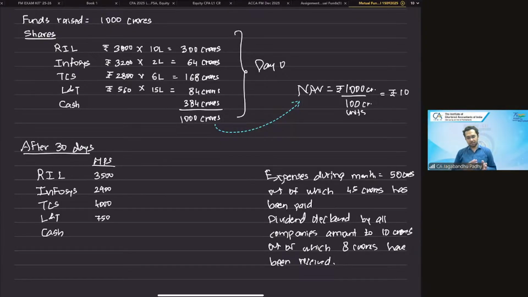You need to multiply the price with the number of shares that we had, take a total of it, adjust the cash for the expenditure and the income, add the outstanding income, outstanding expenses and accrued income, and then we just take the net figure of all of them.